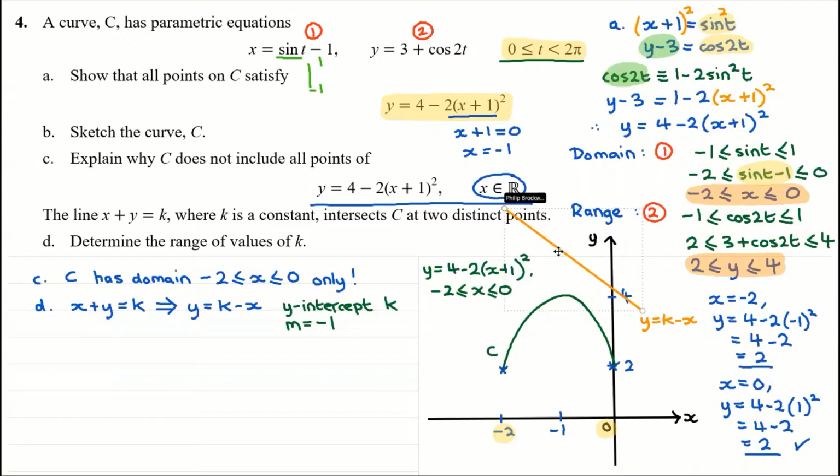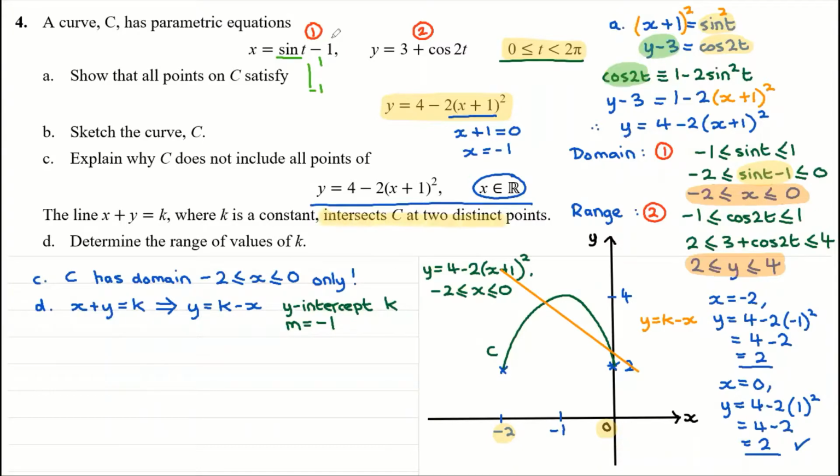All right. So what do we need to do? We need to find two distinct points so that the curve and the line intersect. Well, this is where your alarm bell should start ringing.